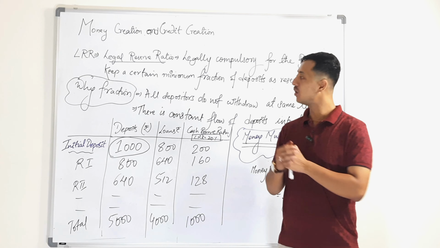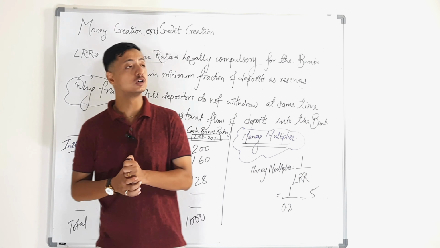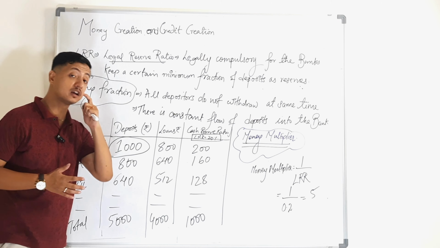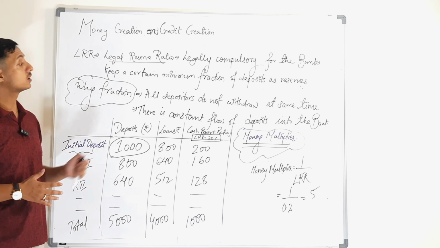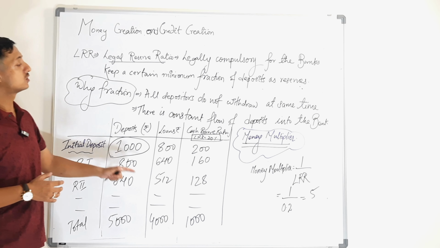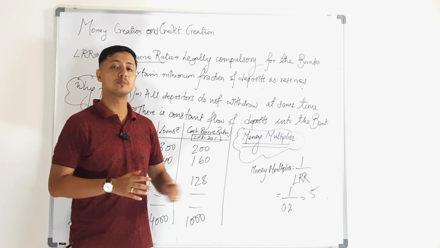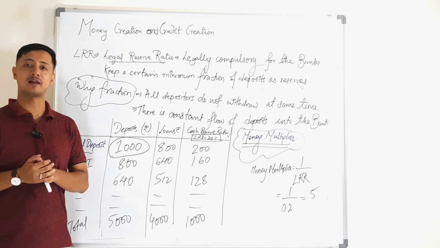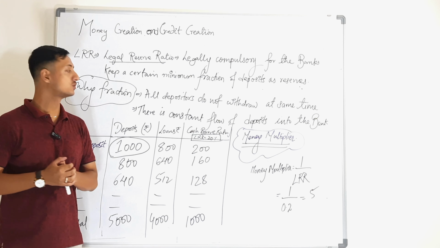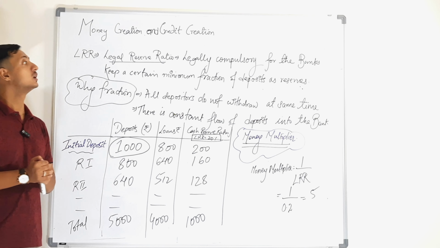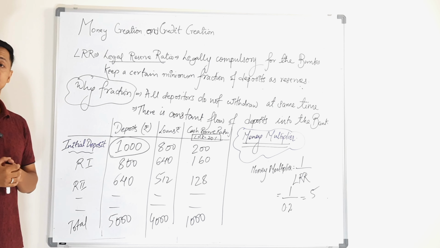Alright, so with this we conclude the credit creation or money creation process by the commercial bank, and we have just been introduced to this concept called money multiplier, right? So this is the process of credit creation.